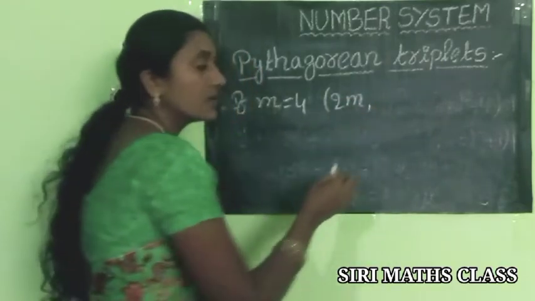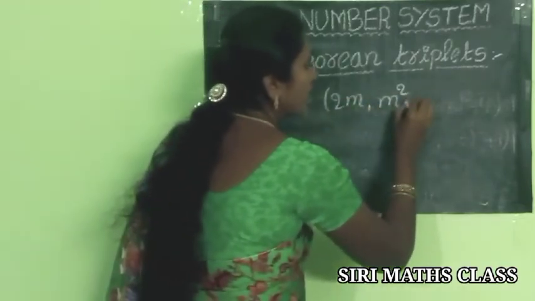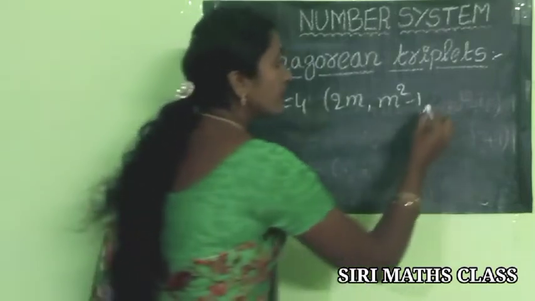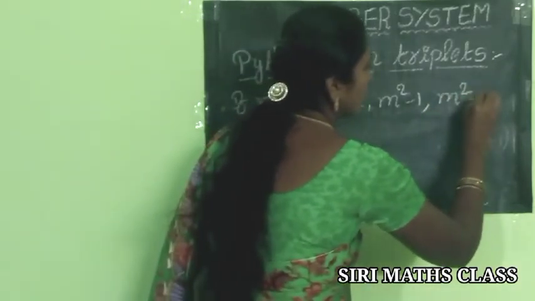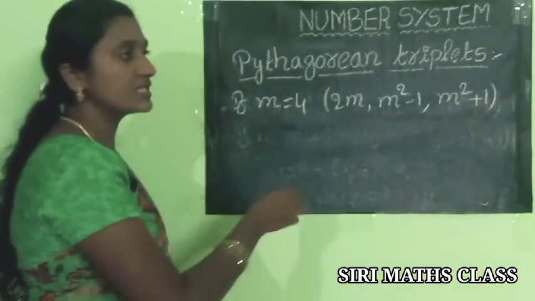If m equal to 4, what is the condition? 2m, m square minus 1, m square plus 1. This is the condition.